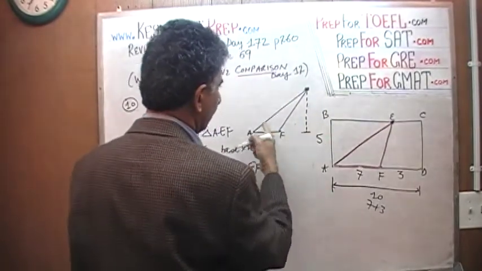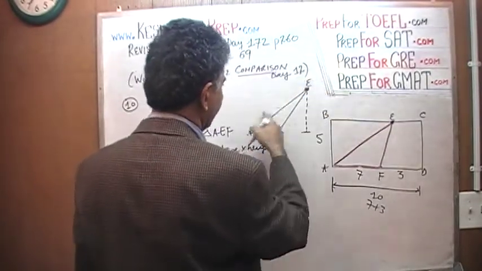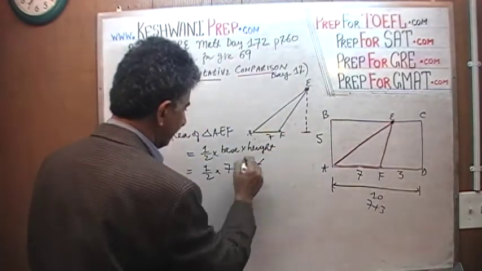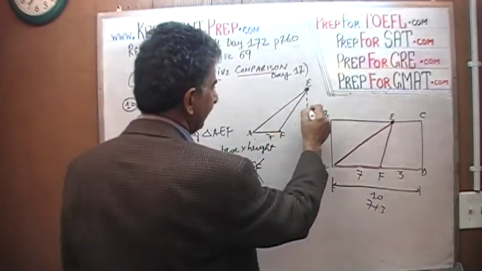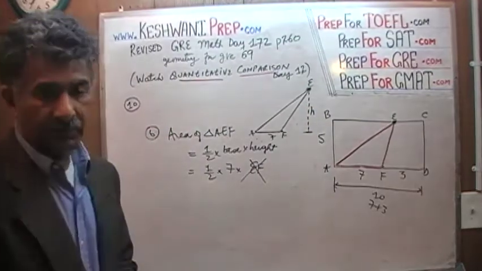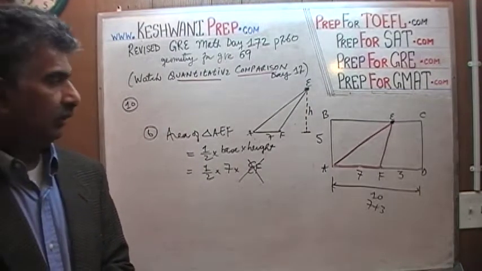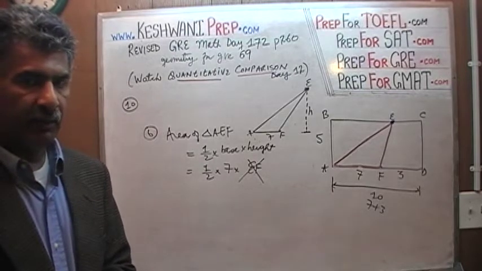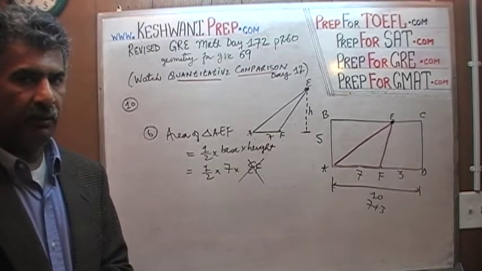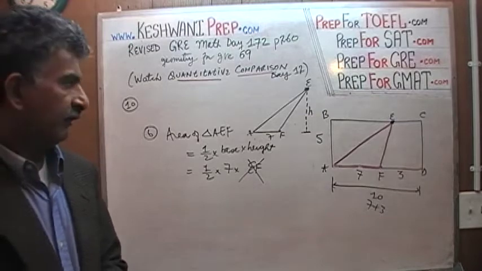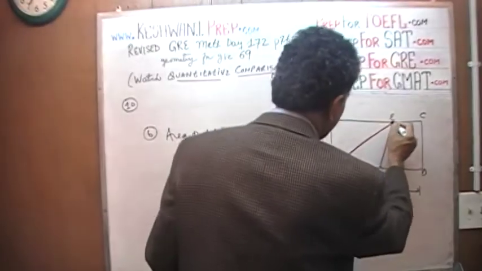The height of this triangle AEF is not E to F. This is the height. That's how high the triangle is. We look for the highest point in the picture, and we ask ourselves, how high is it?